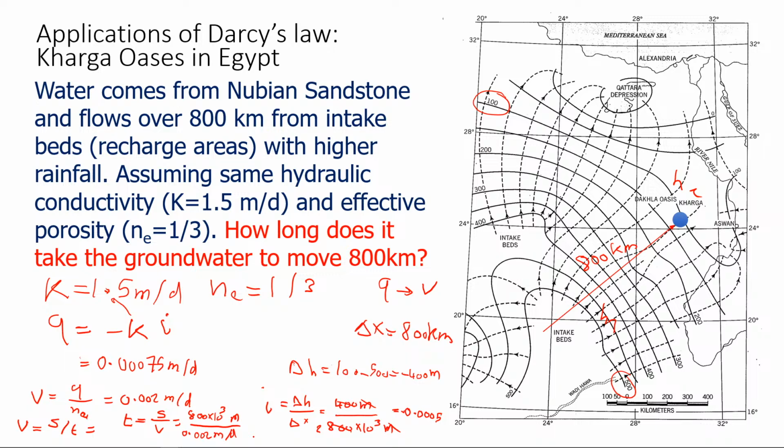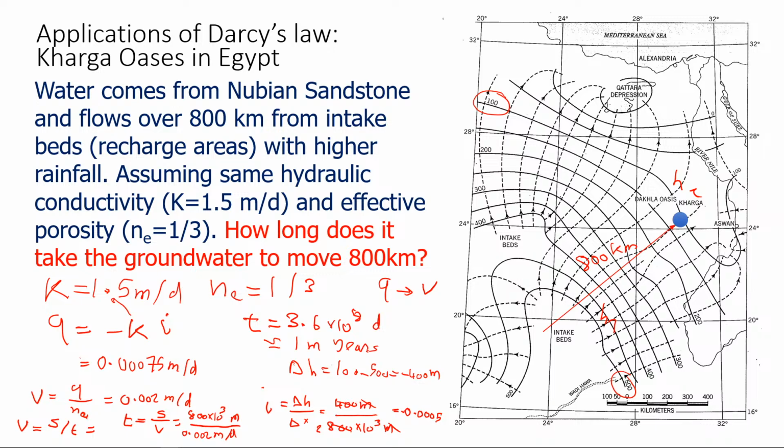If you do this calculation, the time that I got is 3.6 × 10^8 days. 3.6 × 10^8 days is approximately equal to 1 million years.